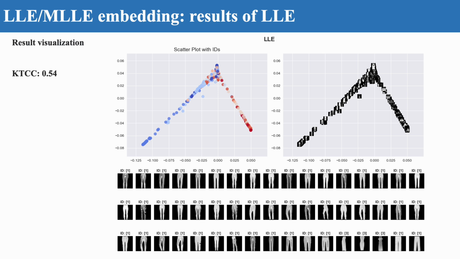It performs moderately, achieving a Kendall's tau of 0.54. It demonstrates strong local grouping, effectively capturing neighborhood structures, but struggles with global ordering, leading to distortions in the overall embeddings.